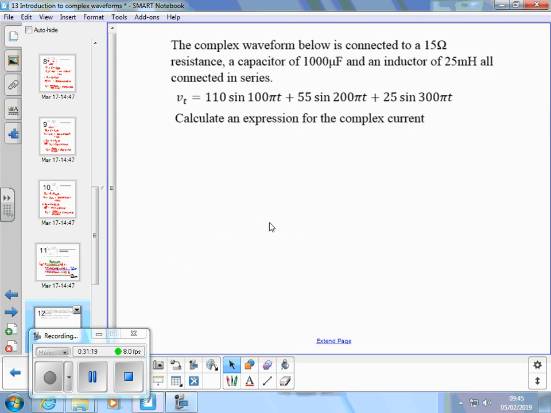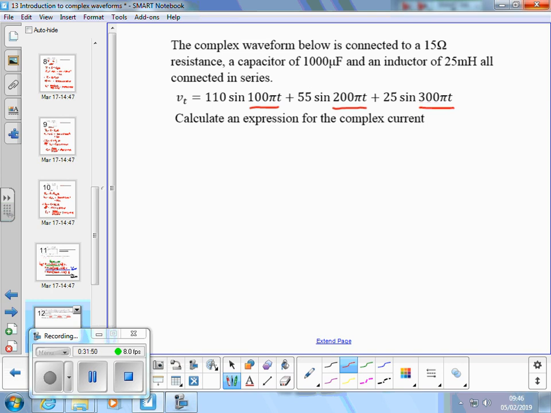So, going back to the notes, we've got an exercise for you to have a go at now. Complex waveform below: you're given a complex voltage with a fundamental frequency 100 pi t, a second harmonic at 200 pi t, and a third harmonic at 300 pi t.